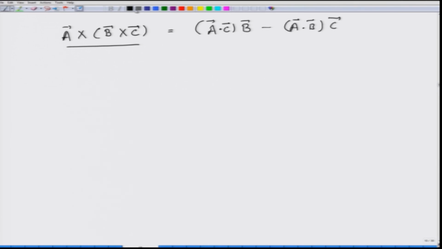Let us take the ith component of A cross B cross C. This is going to be equal to the summation over j and k of epsilon_ijk A_j times the kth component of B cross C, which is another vector.